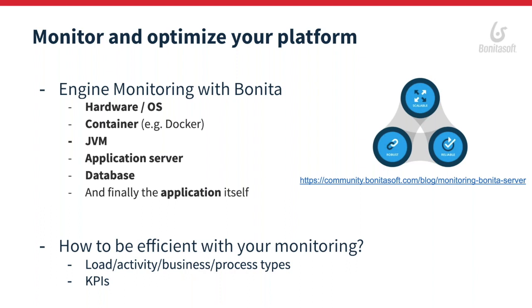That's very important as connectors and workers are combined together, and the performance can be affected by issues with them as well. If you want more details, you can refer to the documentation or the blog that is linked here in the slides.